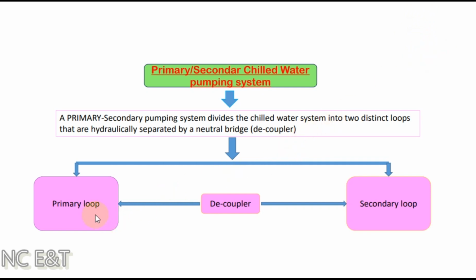One we name the primary loop and the second we name the secondary loop. Both these loops are interconnected by a bypass line. We call it the decoupler line. Now we'll study in detail what the primary and secondary loops are and how they work. Also we will study what the decoupler line is, how it works, and how to size it.